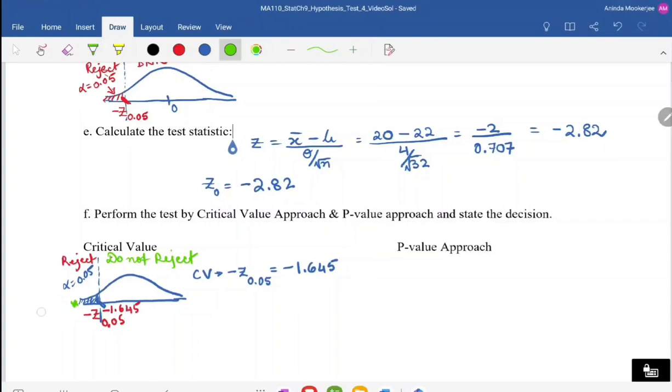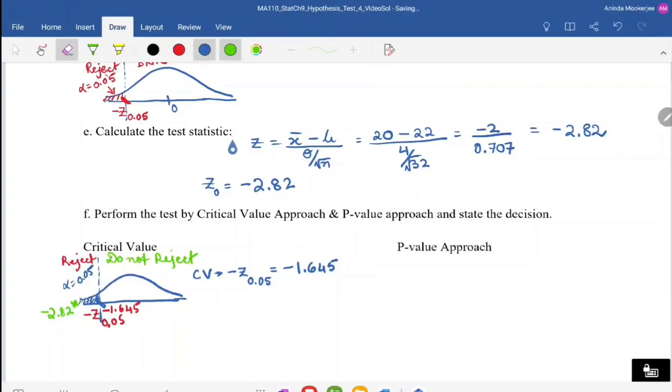Let me write that. It's negative 2.82. So it falls in the reject region, correct? The test statistic value falls in the reject region.